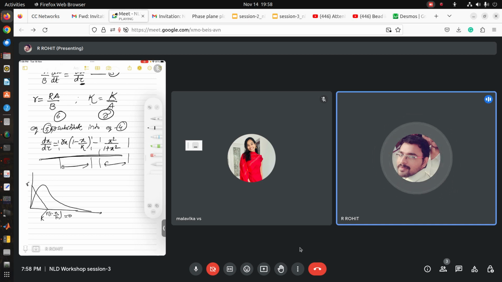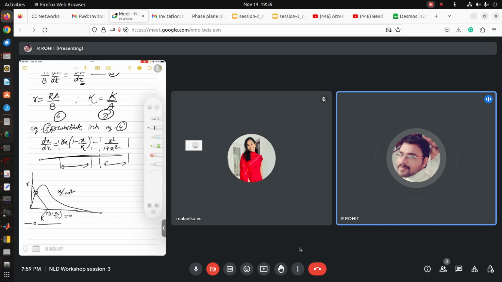Now if you observe, initially when your r was very small, you will see that there is only one fixed point, and since r(1 - x/k) is greater than x/(1 + x²), you will see the fixed point stability.